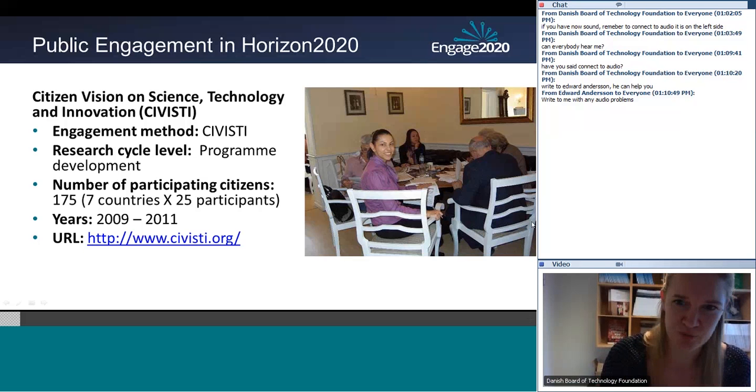So it's supposed to give concrete input into the next round of calls for Horizon 2020. So it's just a current example of building on the Civisti model.